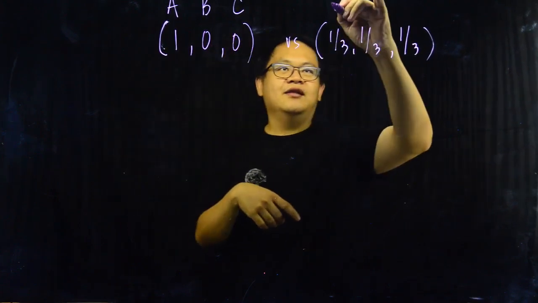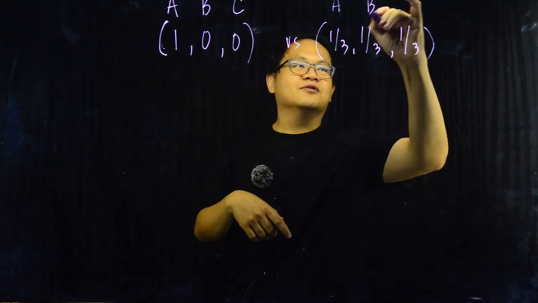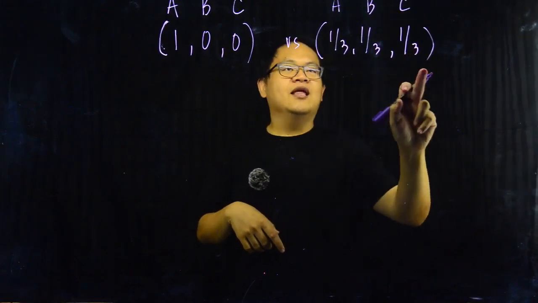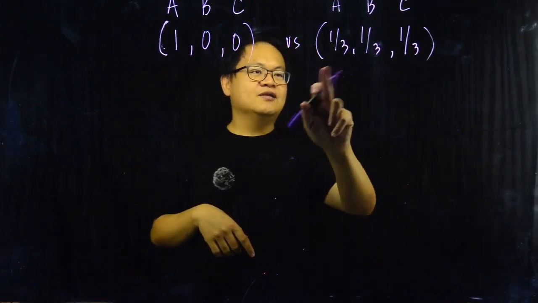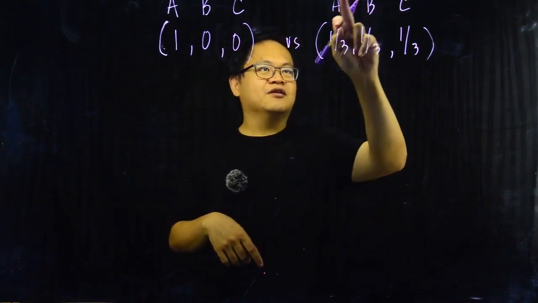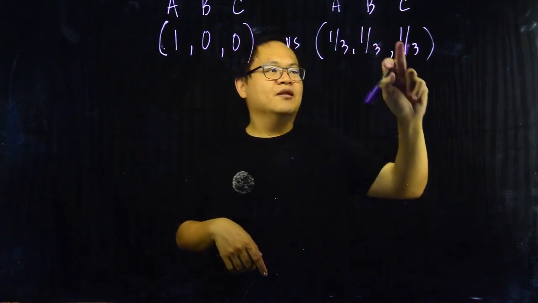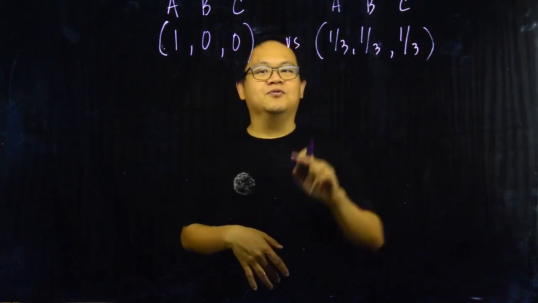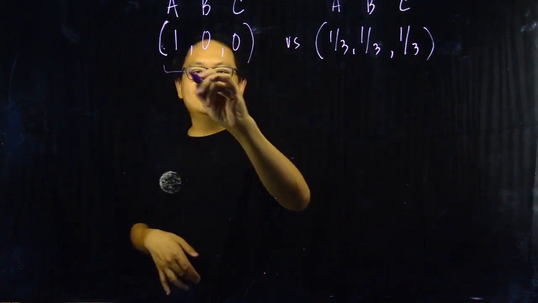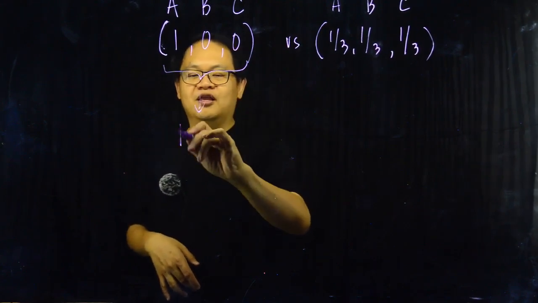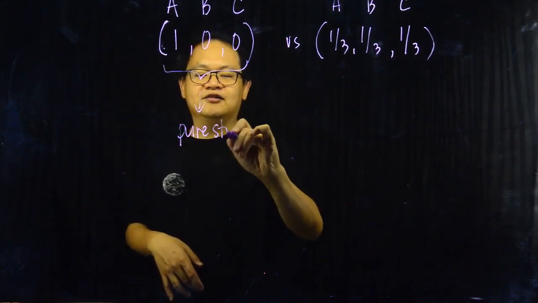On the other hand, if the solution looks like this, 1/3, 1/3, 1/3, then what does that mean? Then that means 1/3 of the time, this player should do A, 1/3 of the time, this player should do B, and 1/3 of the time, this player should do C. This kind of solution is what you call a pure strategy.